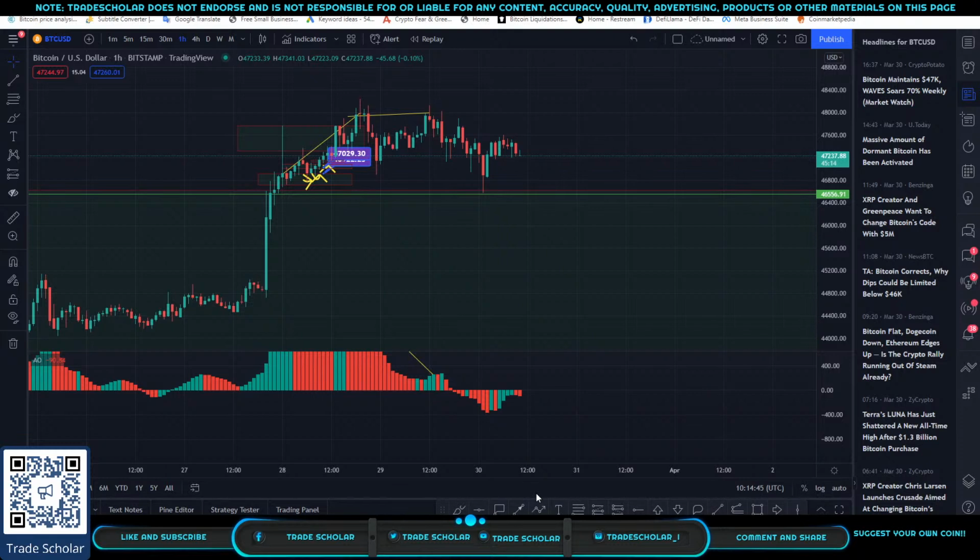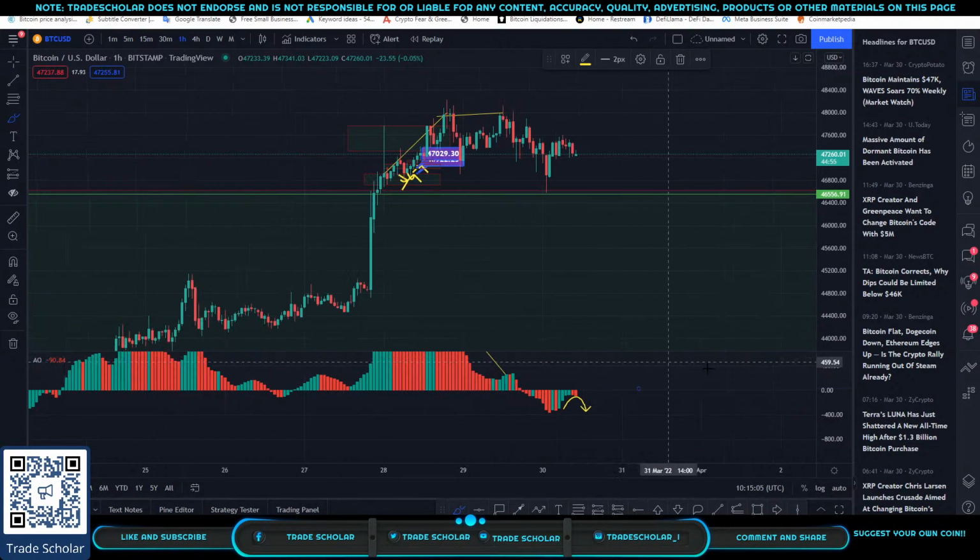That would mean we're going to continue to the downside. Bearish saucer. Oh, it is thinner. This is the awesome oscillator for short and long positions.